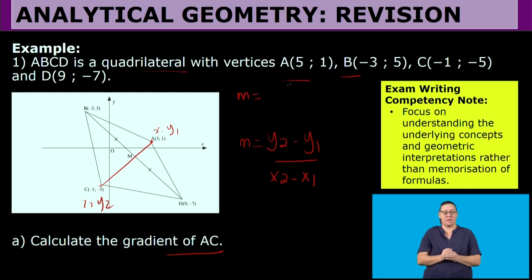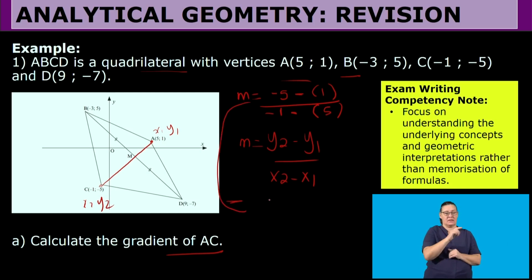So y2 is minus 5. And then y1 is 1. So we use brackets to make sure we don't make any mistakes with signs. And then it's x2, which is minus 1, all over x1, which is 5. Okay, let's simplify that.